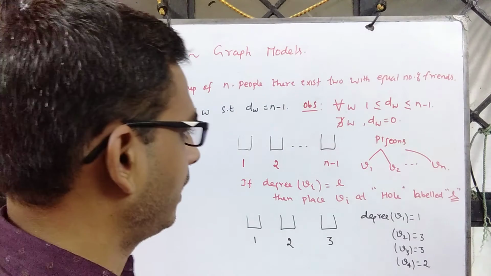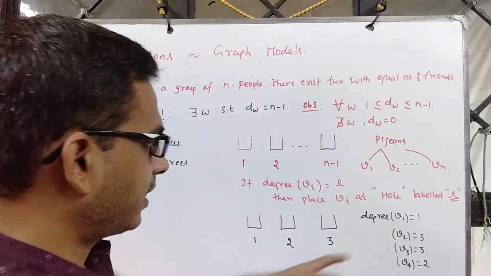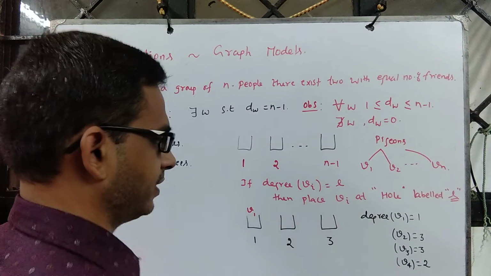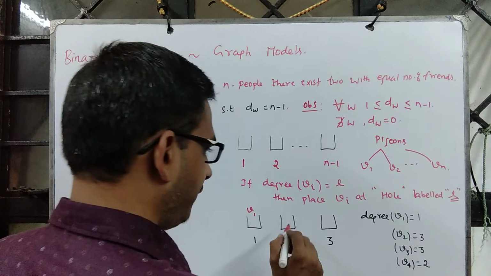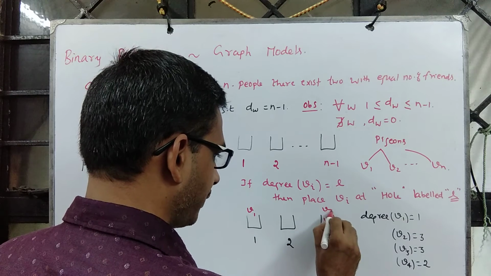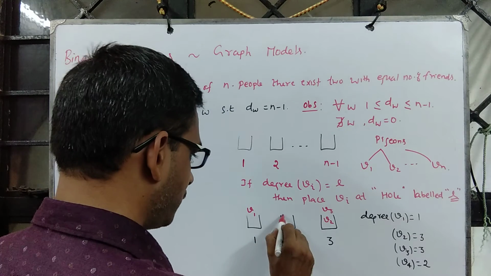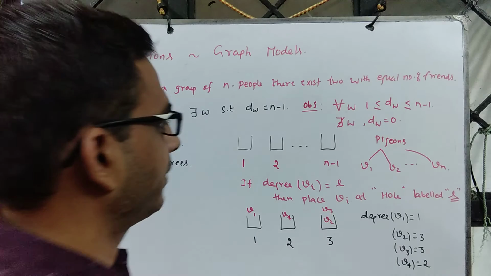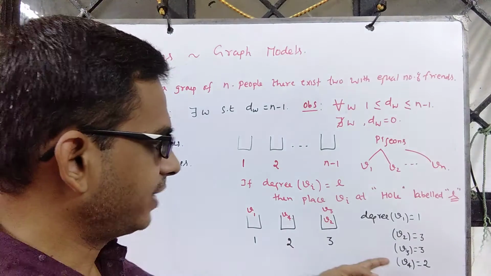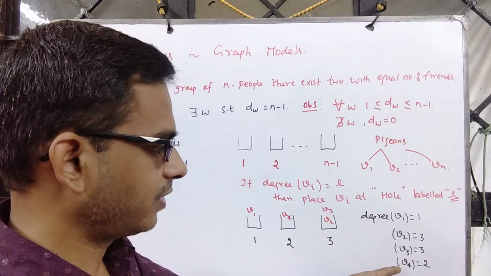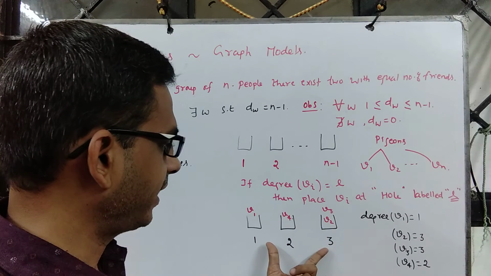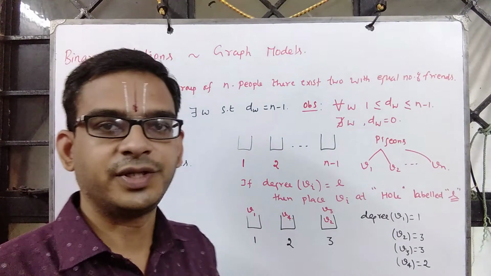Okay. Now you see that if degree of V1 is 1, you place V1 inside this. Degree of V2 is 3, then you place V2 here and V3 also here. Degree of V4 is 2, so you place it here. Okay. So it's 1 to n minus 1, so which means n is 4. You see that 4 of them, there are 4 vertices trying to take a value in the range 1 to 3.